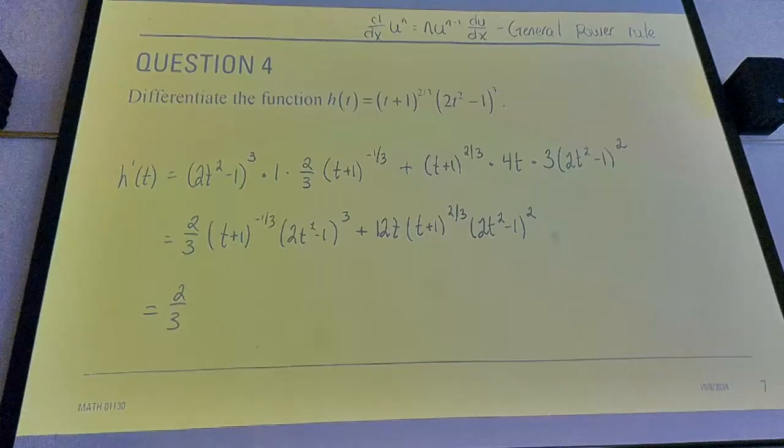t plus 1 to the lowest power. 2t squared minus 1 to the lowest power. And then t to the lowest power, which is just 0.